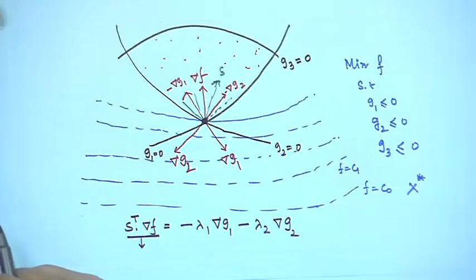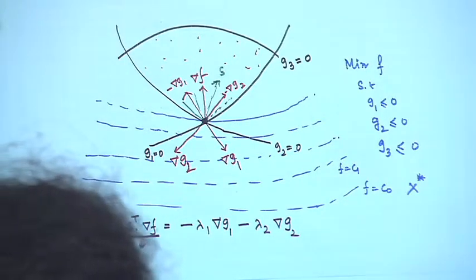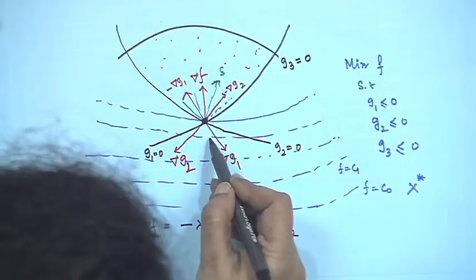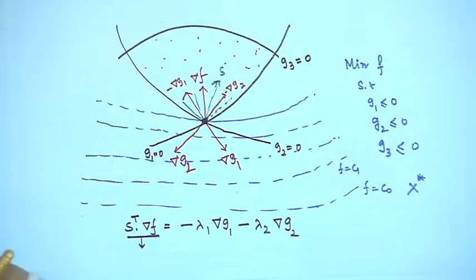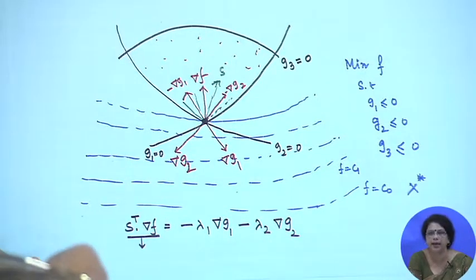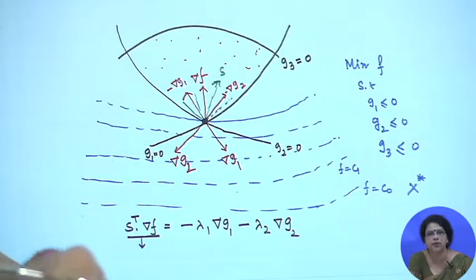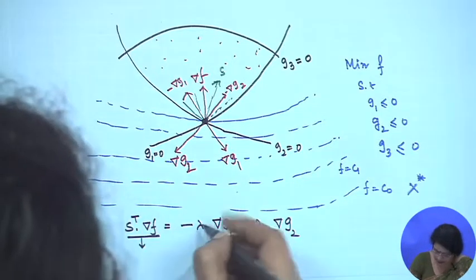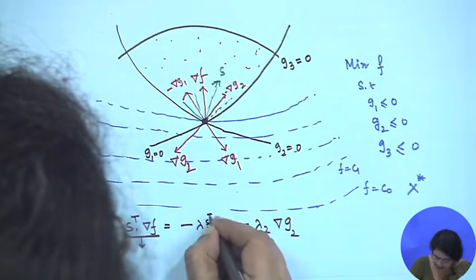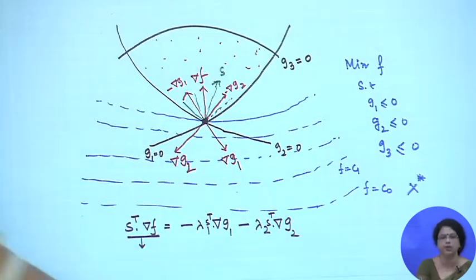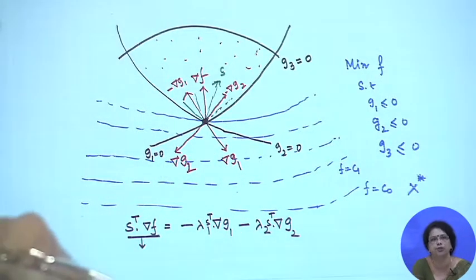On the other hand, the feasible direction and grad G1, that is the gradient of the first constraint, make an obtuse angle, that is why this is negative. And similarly, S and grad G2 also make an obtuse angle, this is also negative.